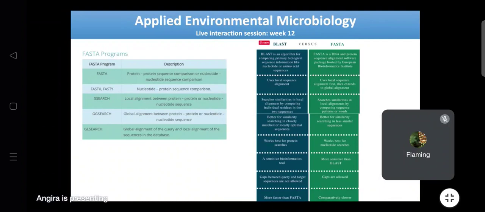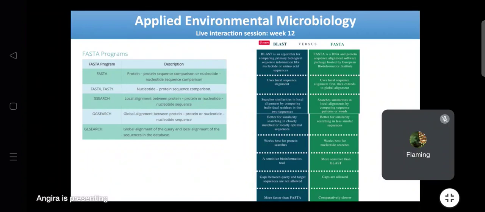GGSEARCH actually allows us global alignment between protein-protein or nucleotide-nucleotide sequence. GLSEARCH is the program that allows global alignment of the query and local alignment of the sequences in the databases. All these FASTA programs you can use in the window and you can get the required results.